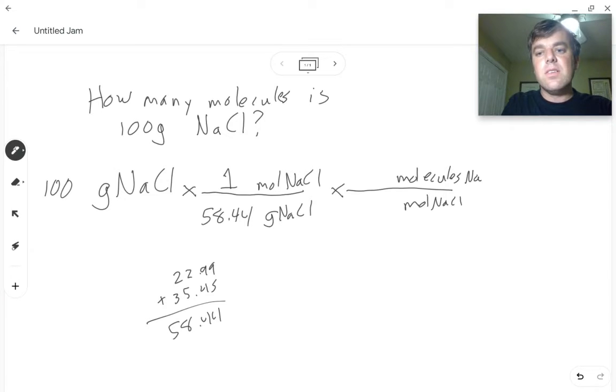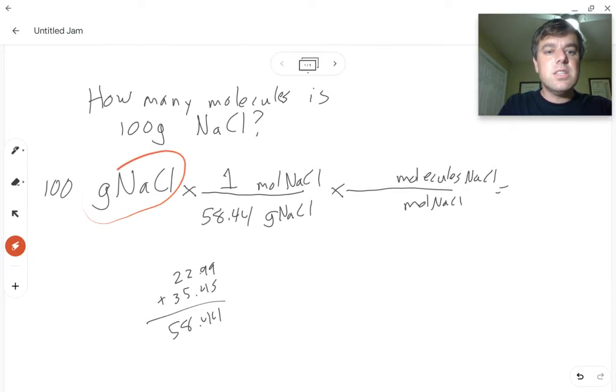When you set up these conversion factors, the key thing to note is whatever units you're starting with, those units should appear on the bottom of your conversion. So you take what you're starting with, and then what you're trying to find goes on top. That way, when you cancel out units, grams of sodium chloride divided by grams of sodium chloride would cancel each other out.